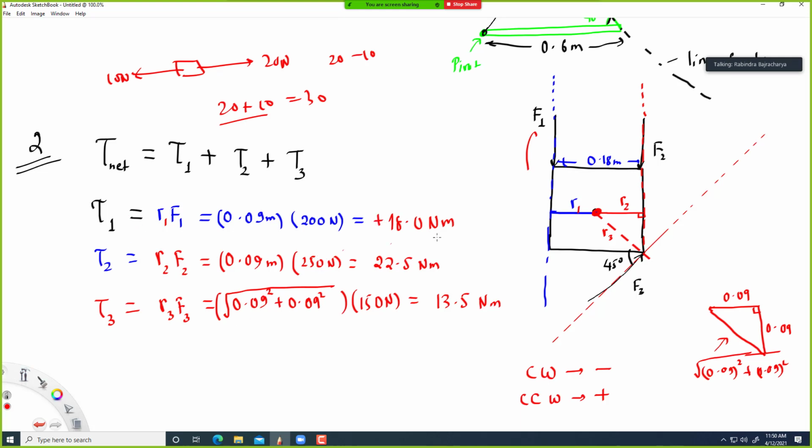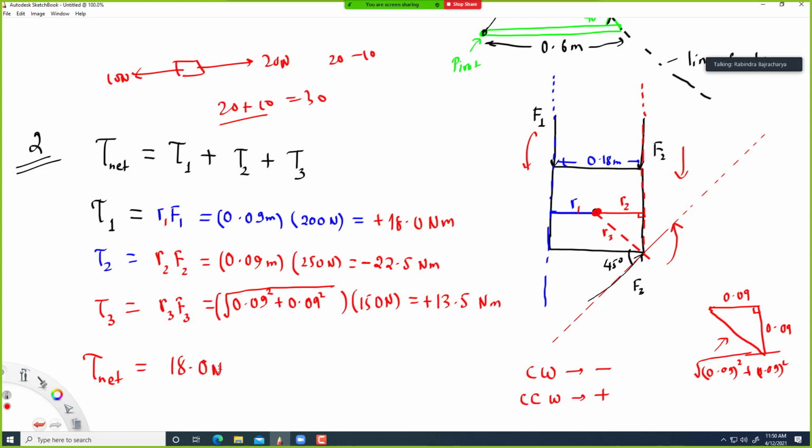T2, what's the rotation produced by force F2? It would be clockwise, right? This way. That means it's negative. How about F3? Counterclockwise, so it will try to rotate like that. So that's also positive.